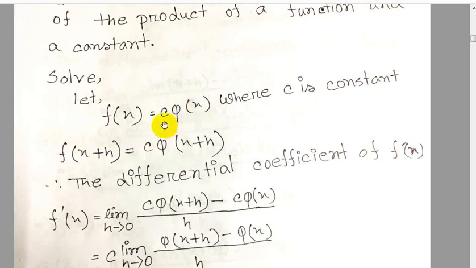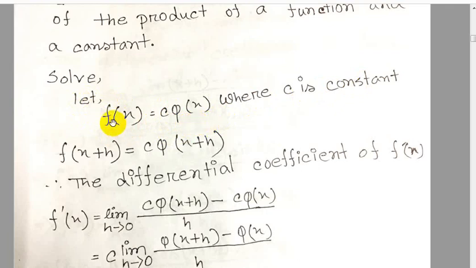Here the function is phi x and the constant is c. We initiated the problem with these variables. We consider f of x is equal to c phi of x, where c is constant and phi x is the given function.